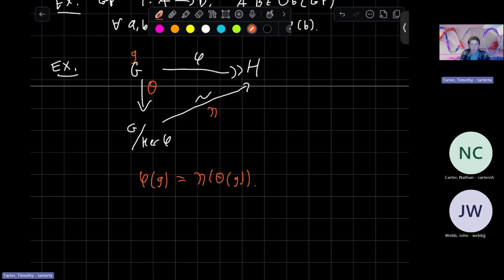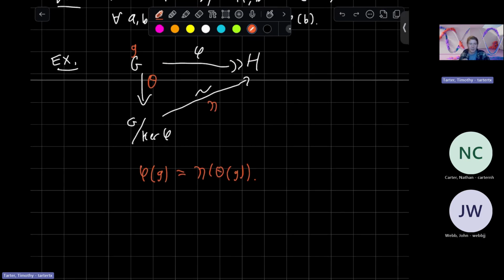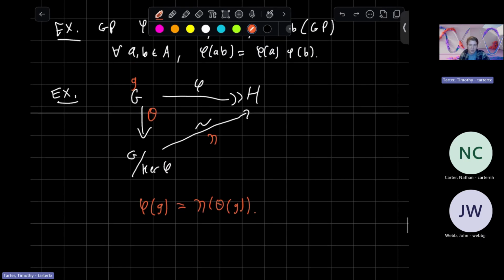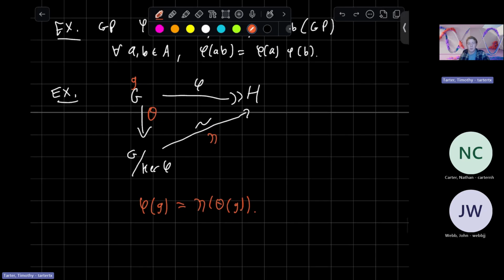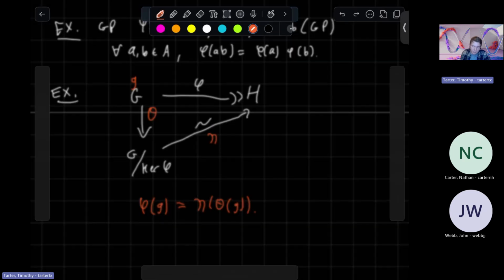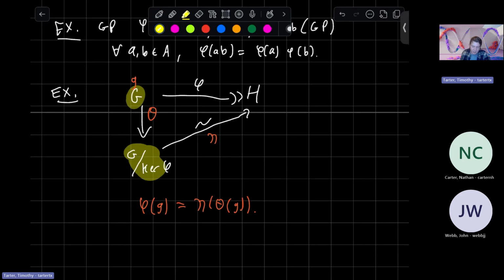This is what it means to commute: if you pour it like water, no matter which direction you take, if you get to an endpoint, it should not matter the path of morphisms that you take. This is what we mean by a diagram commuting or not. So the objects would be capital G, G mod the kernel, and H. And the morphisms would be theta and phi and eta.